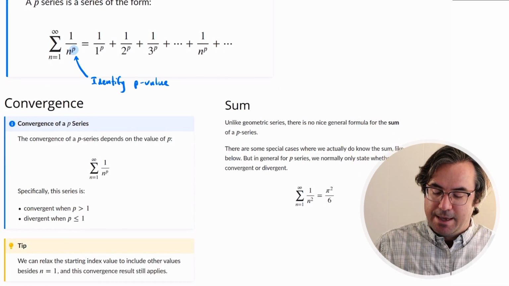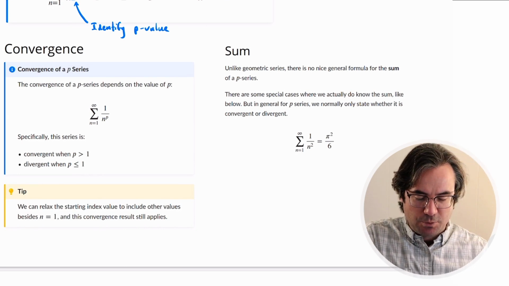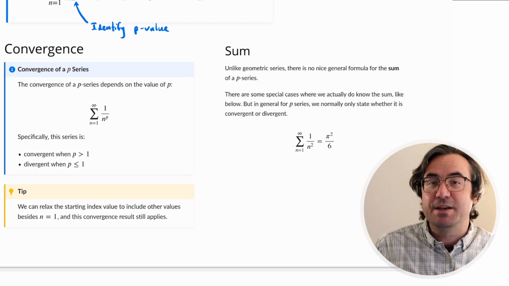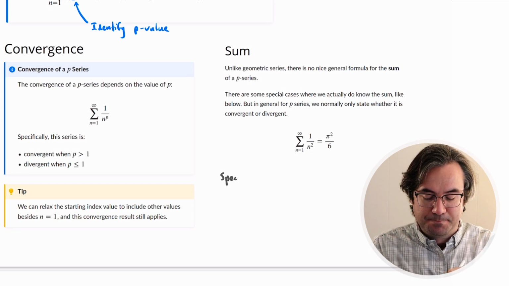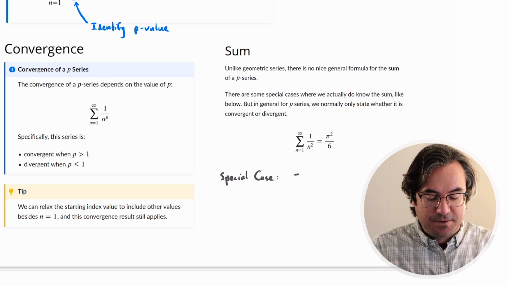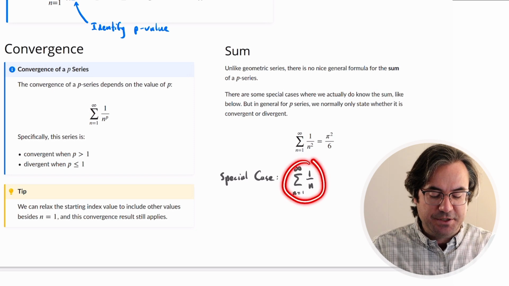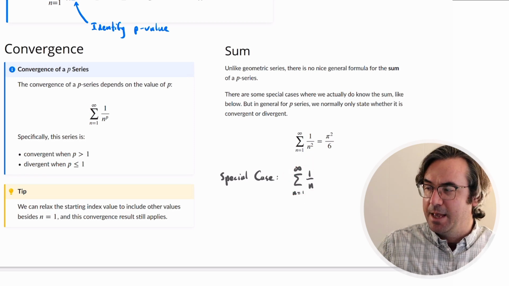There's one special case of p-series that shows up, and we sometimes give it a different name. We're looking at sigma n equals 1 to infinity, when p is equal to 1. The series is sigma 1 over n.